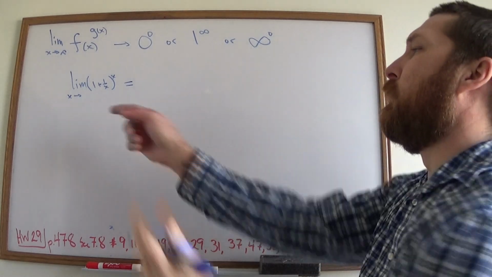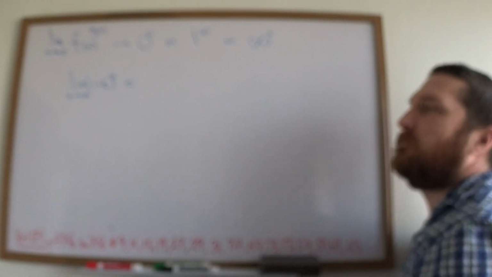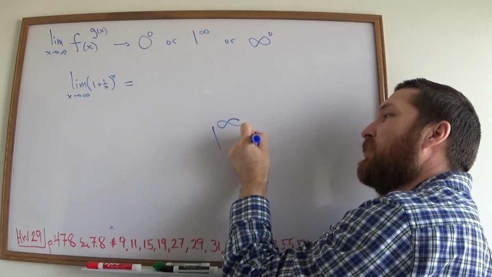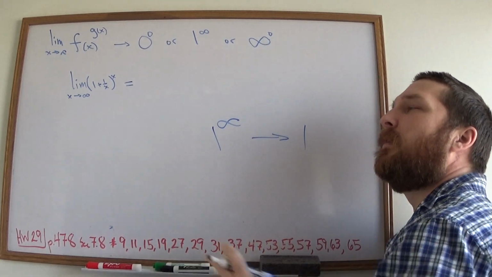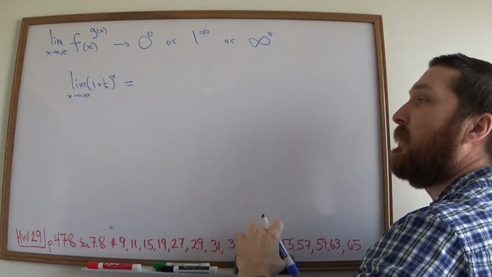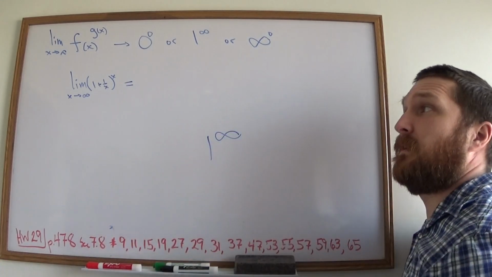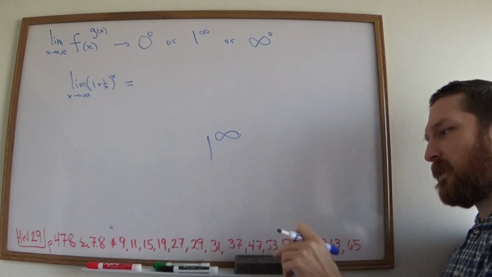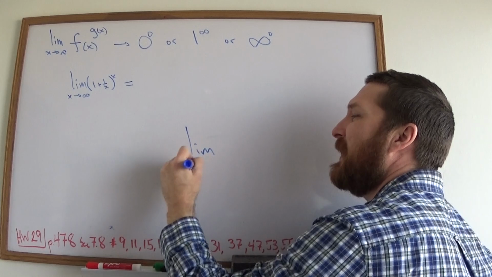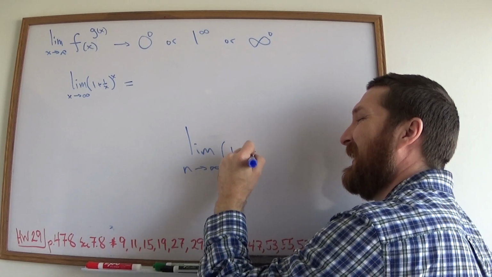So you just told me if it's 1 to the infinity, it should go to 1. Okay, so it goes to 1 to the infinity, and I'm telling you that's indeterminate. You should recognize this limit. You might recognize it if I replace it.